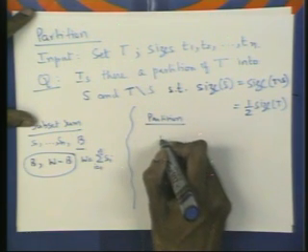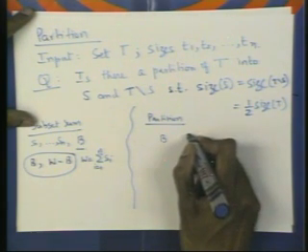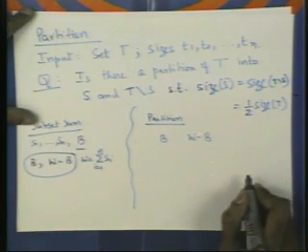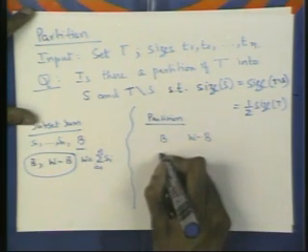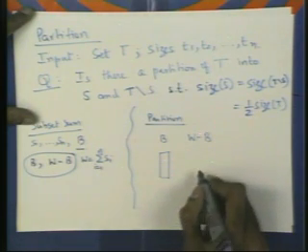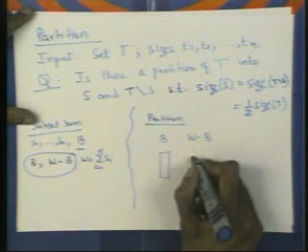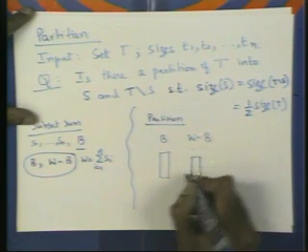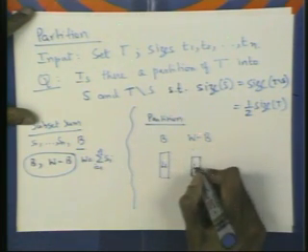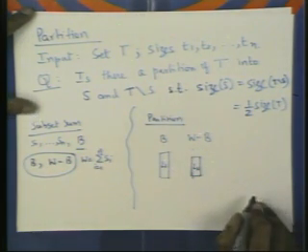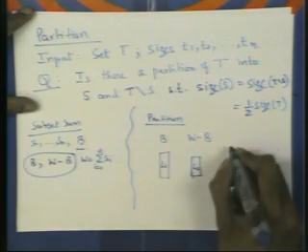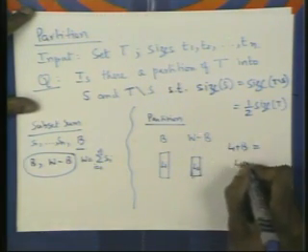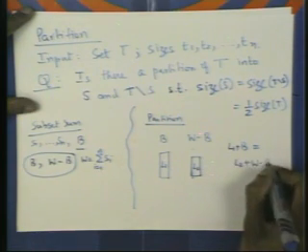Well, here is B. What I am looking for is B and let us say W minus B. What I do is I add two extra elements, one of size L1, one of size L2, so that L1 plus B equals L2 plus W minus B.